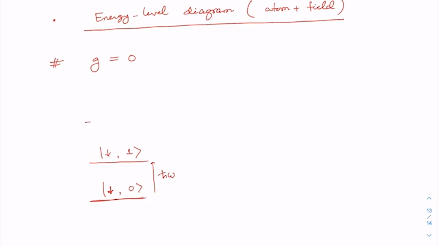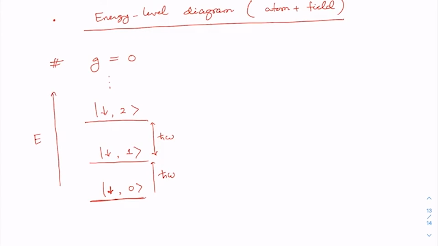And then if we put another photon, the energy would be enhanced further. With respect to the ground state, the energy would be twice ħω. Now the atom is in the ground state and there are two photons in the field mode, and so on. We can go on and on in the upward direction.